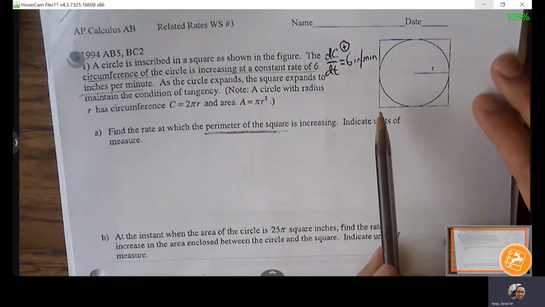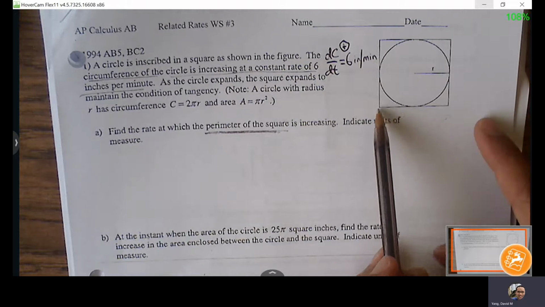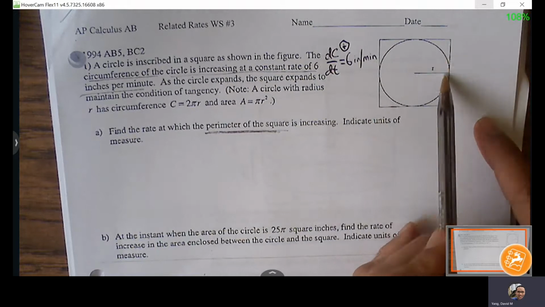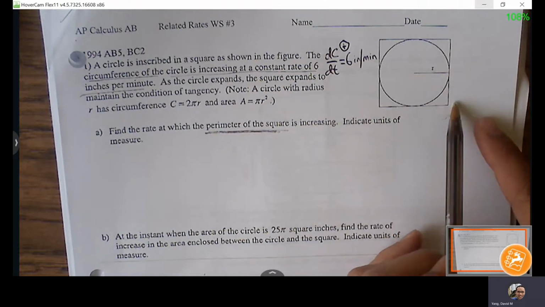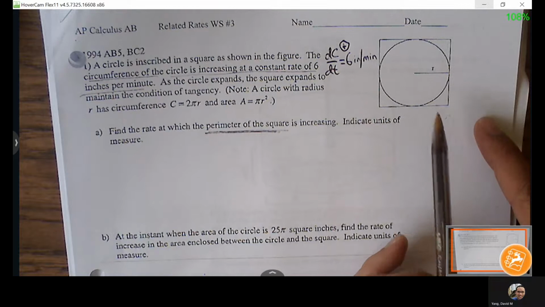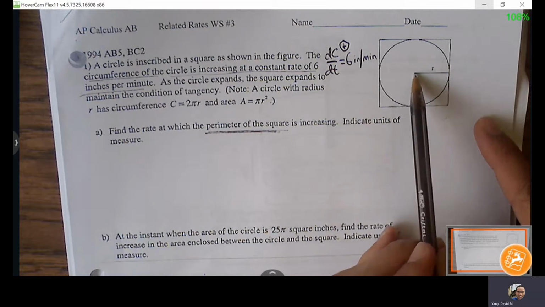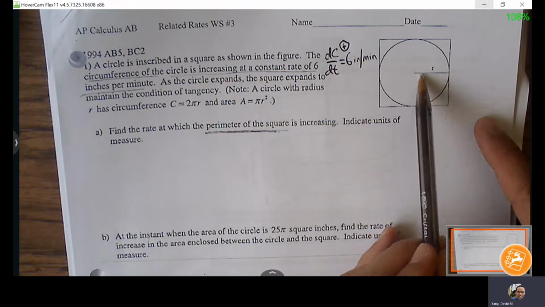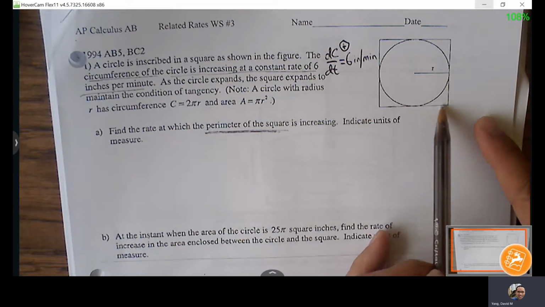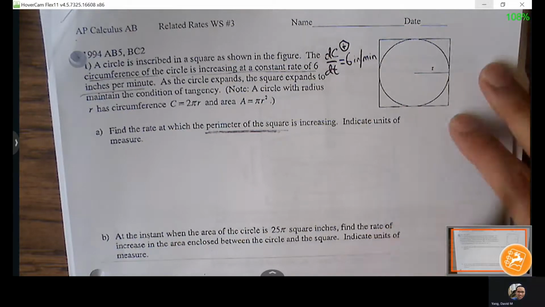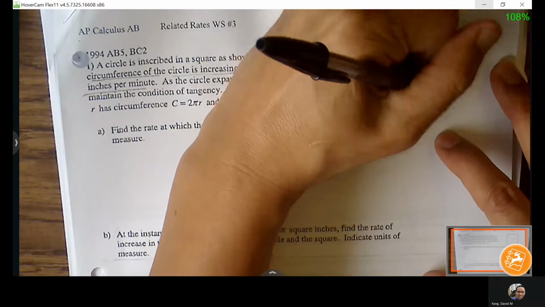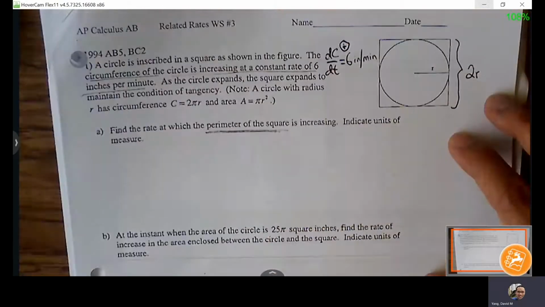What do you think the full length of the square would be? 2r, right? It looks like the radius of the circle matches exactly with half the length of the square. Does that make sense?